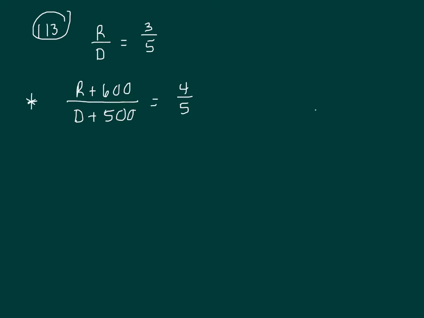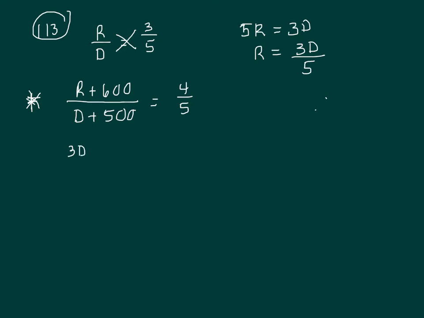And so I'm going to cross multiply. So that gives me 5R equals 3D. And that means R is 3D over 5. Now, this is going to look nasty, but it's not too bad. Everywhere there's an R in this equation where I have a star, I'm going to substitute in 3D over 5.